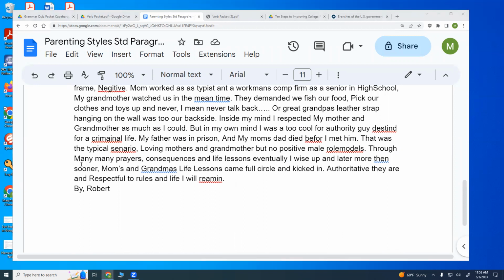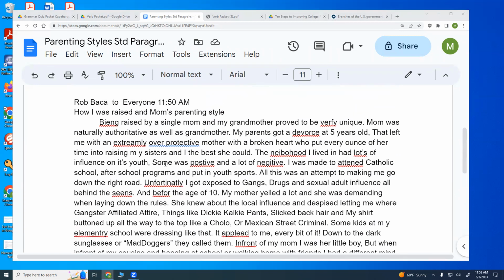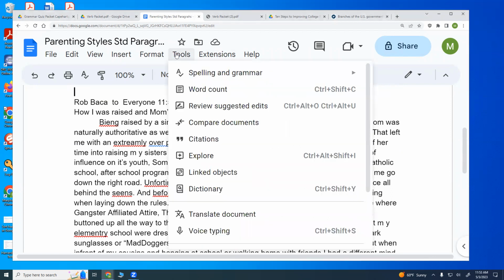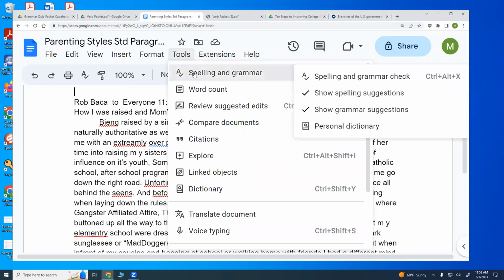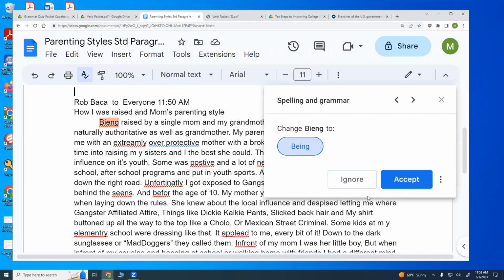I misspelled a lot of words. Just turn on the spell check. Spelling and grammar. Yeah, I usually correct it as I go. I'll do that right now.